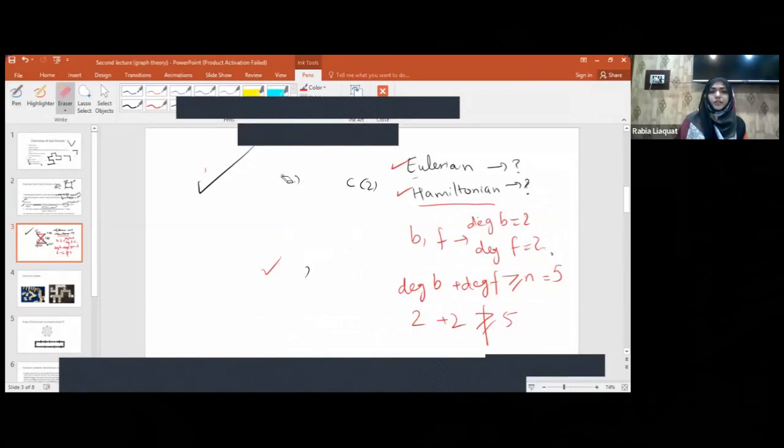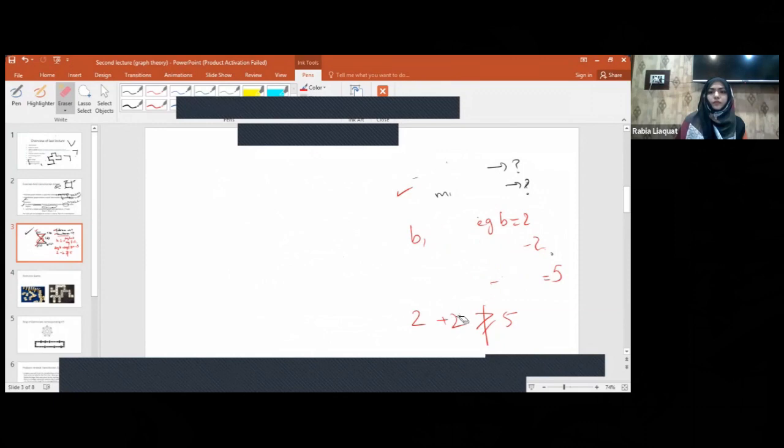Please note down these examples. Let me show one example which is a Hamiltonian graph but not an Eulerian graph.